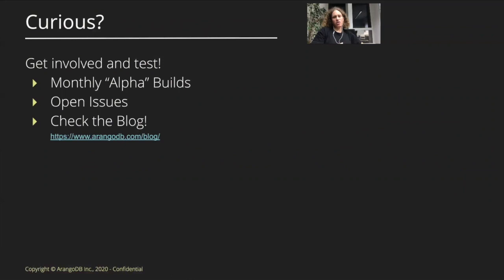It's going to have a changelog describing which features are in there and how to test them. Please, if you find something, write an email to the mailing list, contact us on Slack, and give us feedback on what you like, what you don't like, and what you're missing. We'll also announce it on the blog, where you can find the Docker images, the tarballs, and all the other stuff you need to actually run and test it.